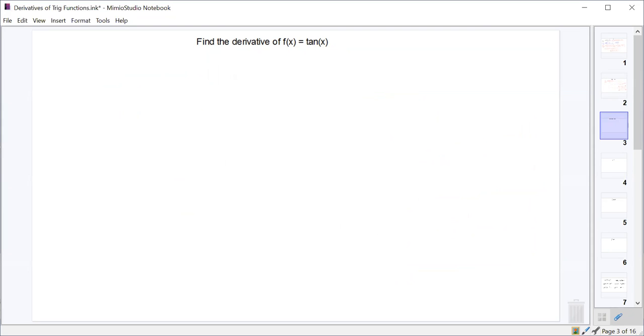So what about tangent x? Can we do that same process? Tangent of x plus h minus tangent x over h. Could, but there should be an easier way. If we want to find the derivative of tangent x, wouldn't it be like the quotient rule for sine and cosine? Perfect. Yep. It could be the quotient rule for sine x over cosine x.